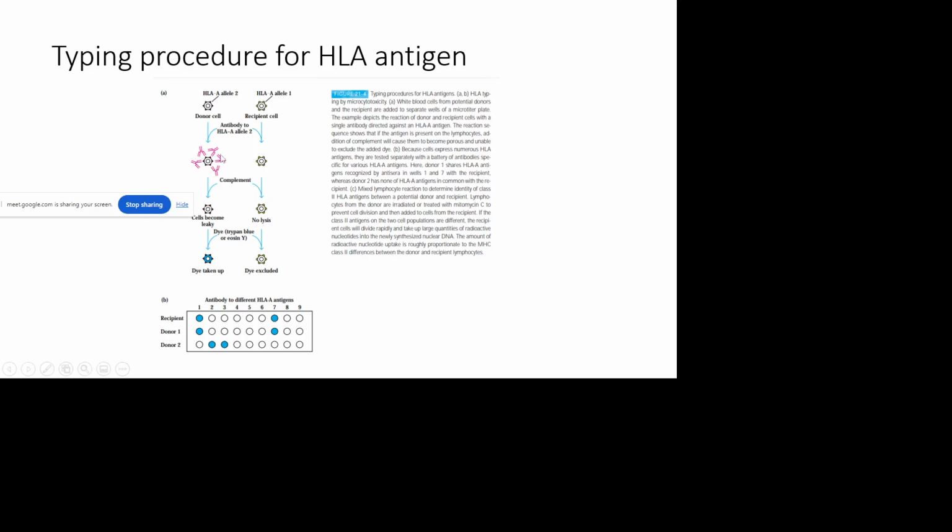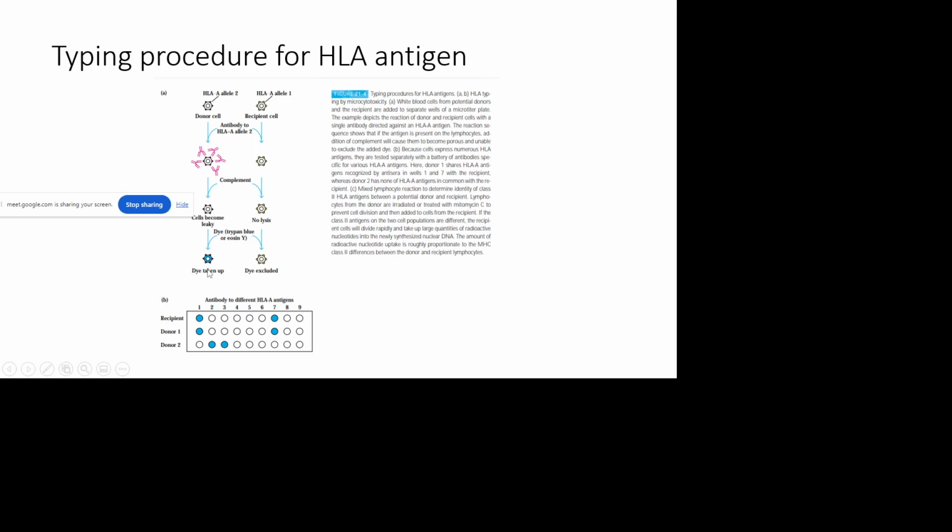The antibody will bind to this HLA antigen. Now we add the complement system. As we know, the complement system will bind with this antigen antibody complex and it will lyse the cell. So the cell will become leaky. Now if you add trypan blue dye or eosin Y dye, as the cell is leaky, the cell will take up the dye, right?